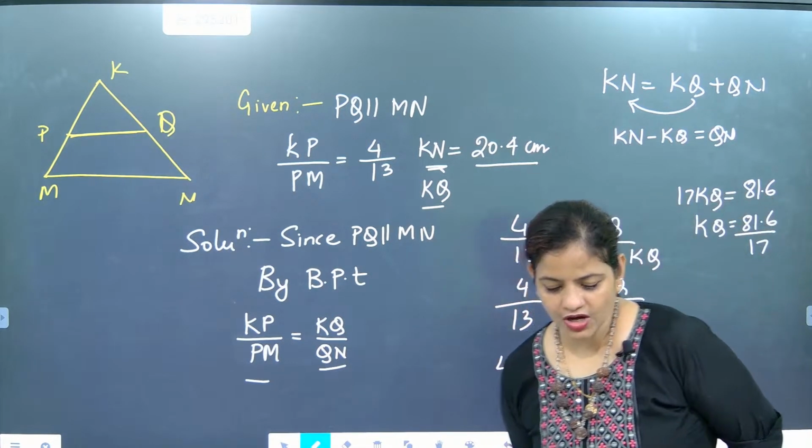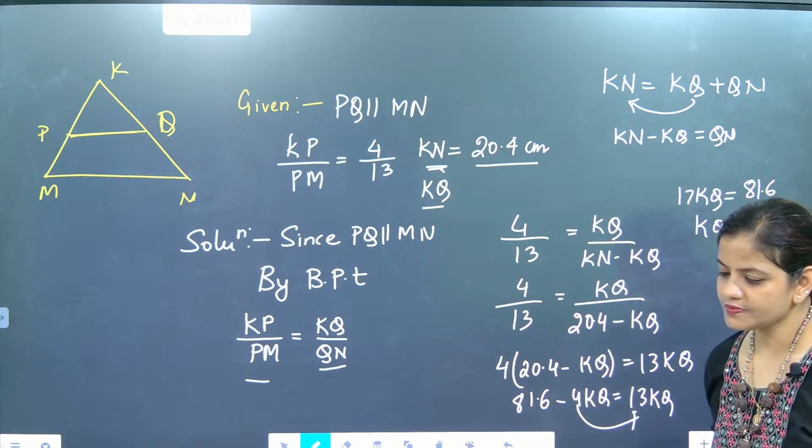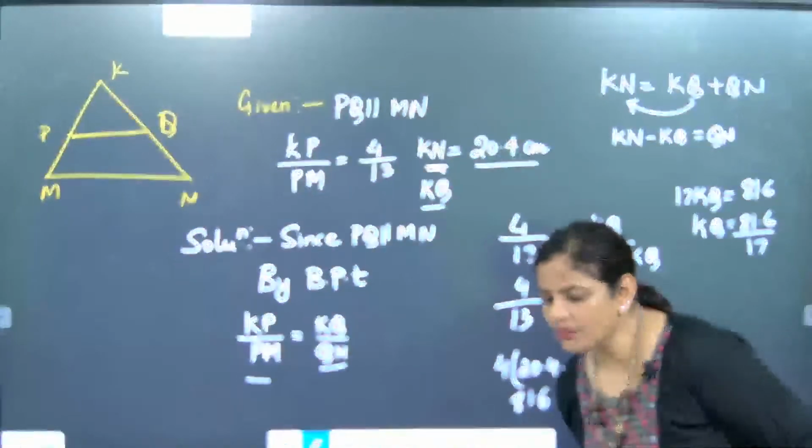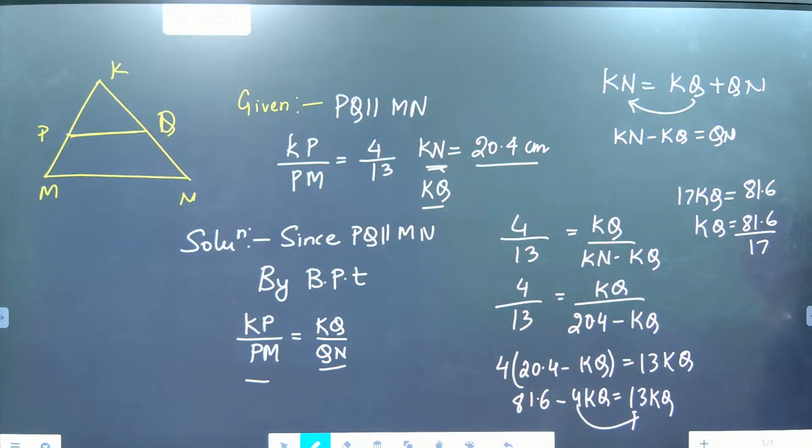So what is the value coming, beta? Yes, solve it and tell me the value, please. What is the value here? 7 8s are 56. Okay.